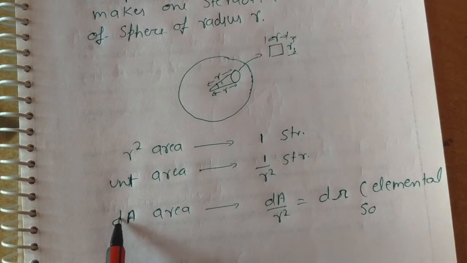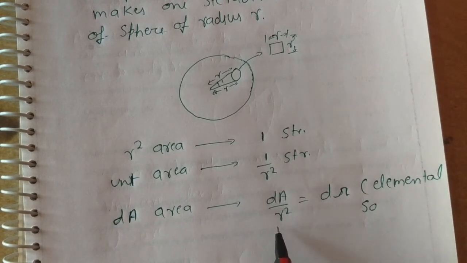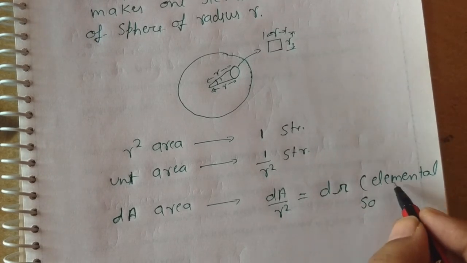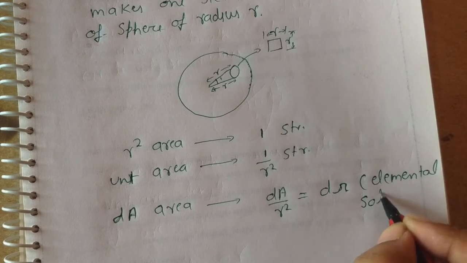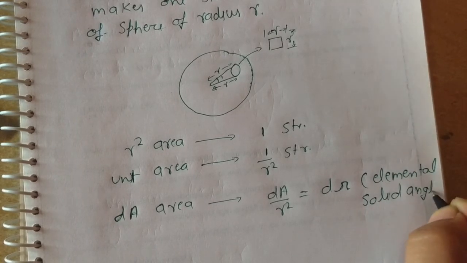A small elementary area dA makes an angle of dA divided by r square, which is also denoted by d omega, which is known as elementary solid angle.